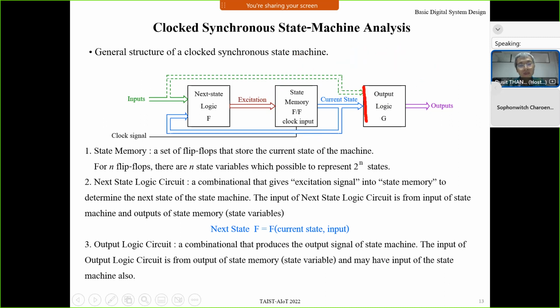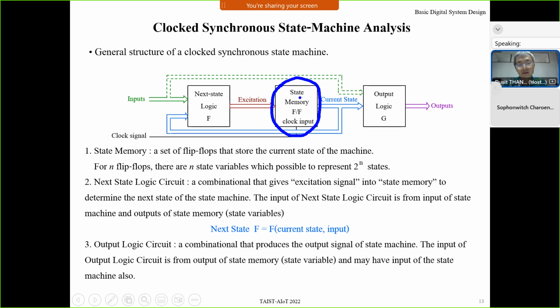And there are two more combinational circuits, circuit F and circuit E. At first, let's focus on this part.